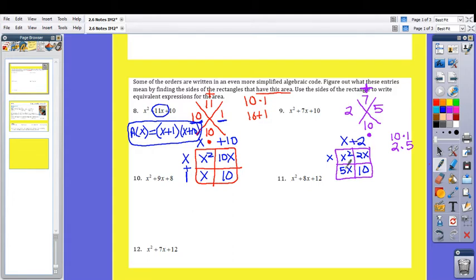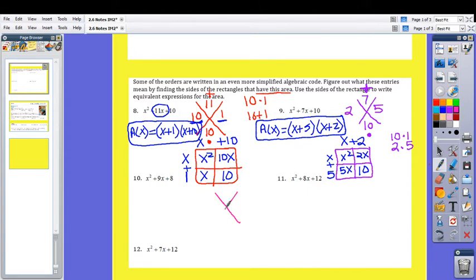And now if this is 5x and this is x, then this has to be 5. And let's check, 5 times 2 gives you 10. So the sides will be x plus 5 and x plus 2.